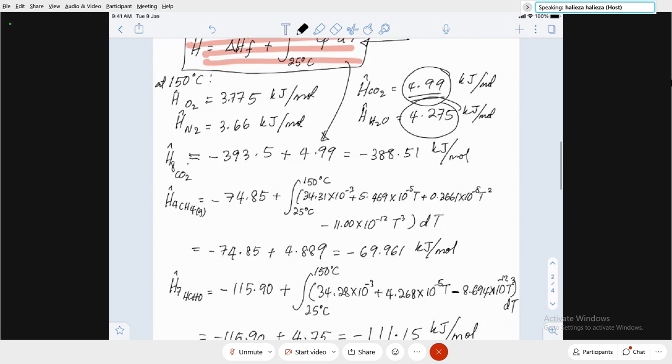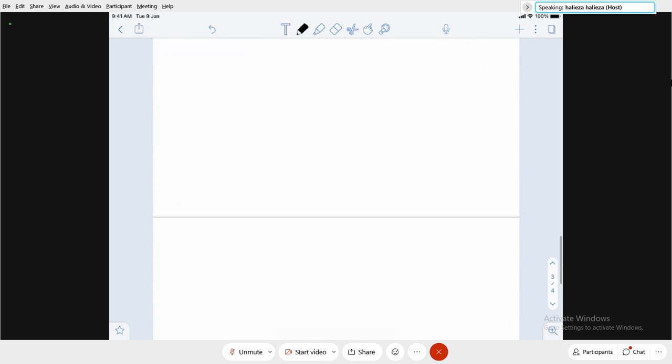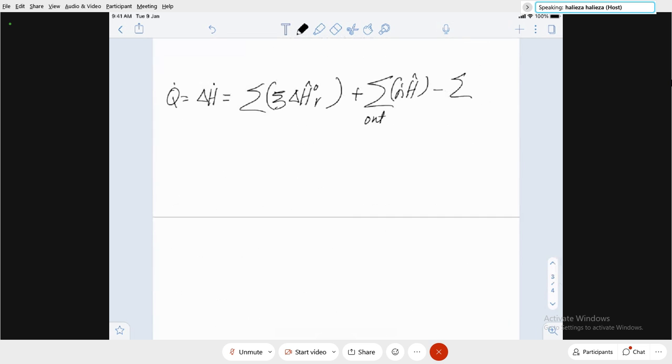It's going to be like this. Okay, you have this, and after that you have as normal the difference between the outlet and the inlet. So you have this extra term when you're using heat of reaction.